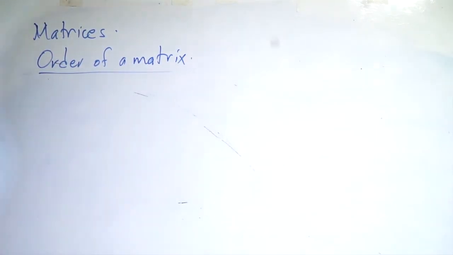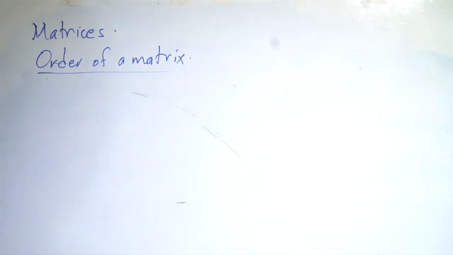So the order of a matrix is just the number of rows and the number of columns in a given matrix.